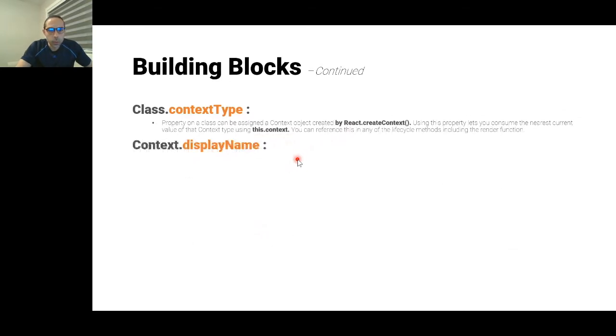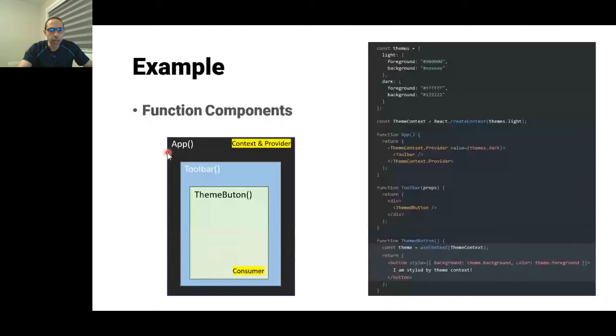I'll move on to a couple of examples before I open my VS Code. The first example is where we would like to utilize the context in a functional component. The diagram on the left shows the hierarchy of the components. We have the App component, a Toolbar component, and a ThemeButton component.